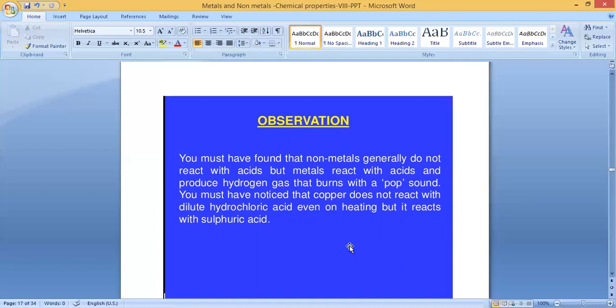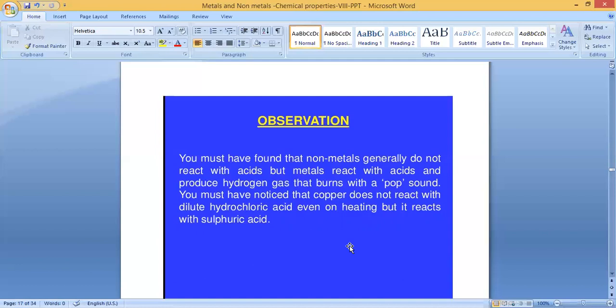Okay, so in the different test tubes, you have taken metal and non-metal. In each test tube, you added hydrochloric acid. So you're going to see how the metals and non-metals react with acid. When you bring the matchstick near the mouth of the test tube, in some test tubes you can hear the pop sound. What does the pop sound mean?